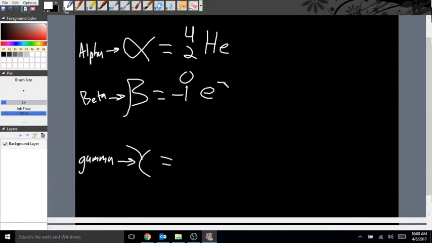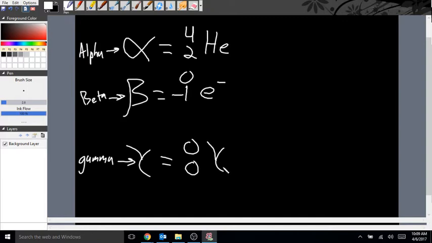So really, another way to look at it is our mass isn't changing here, and our atomic number is actually going to increase by 1, but we'll get there. The gamma particle has no mass, has no charge, has no effect on the atomic number.